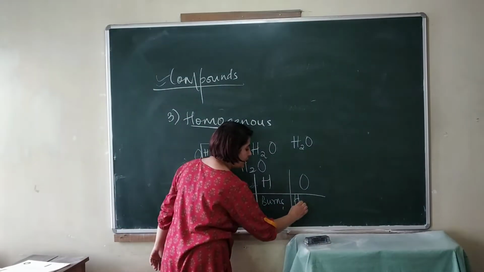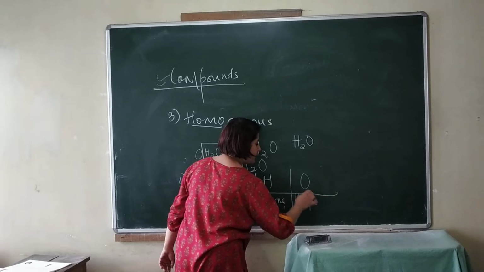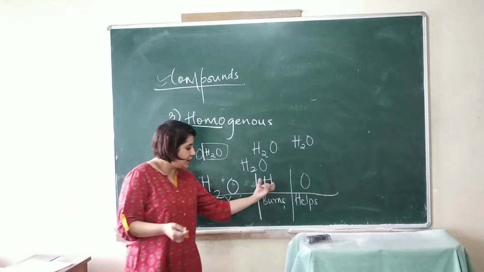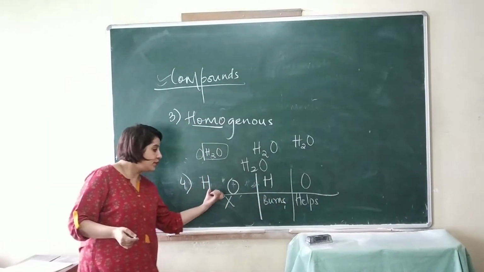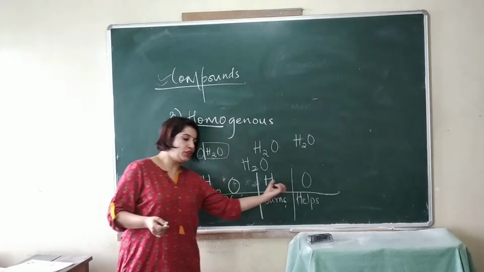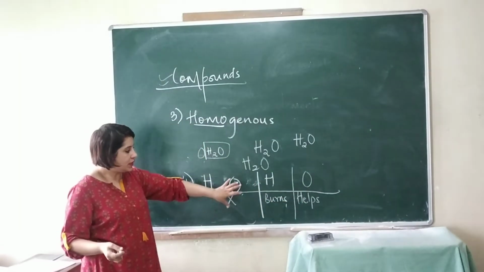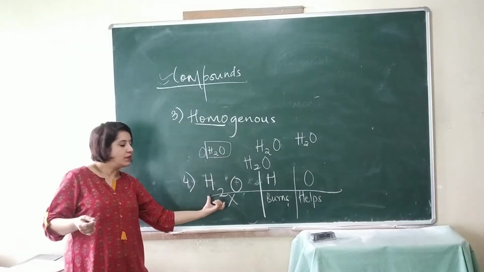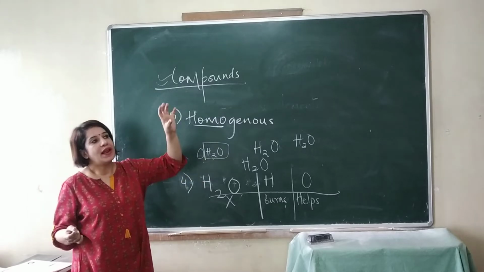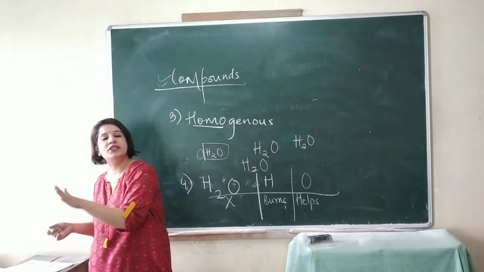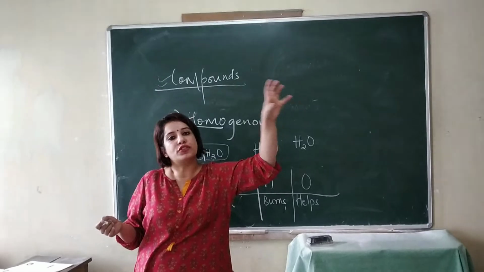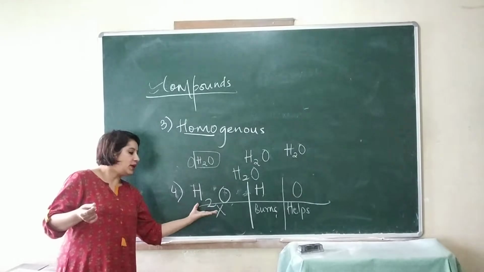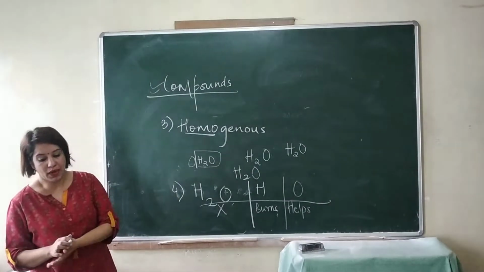Oxygen supports burning, but water again does not support burning. So see, the characteristic of hydrogen is different from water, and the characteristic of oxygen is different from water. That means the characteristics of the elements are completely different from the compound that is formed. Characteristics of hydrogen will not be seen in water, and characteristics of oxygen will not be seen in water.